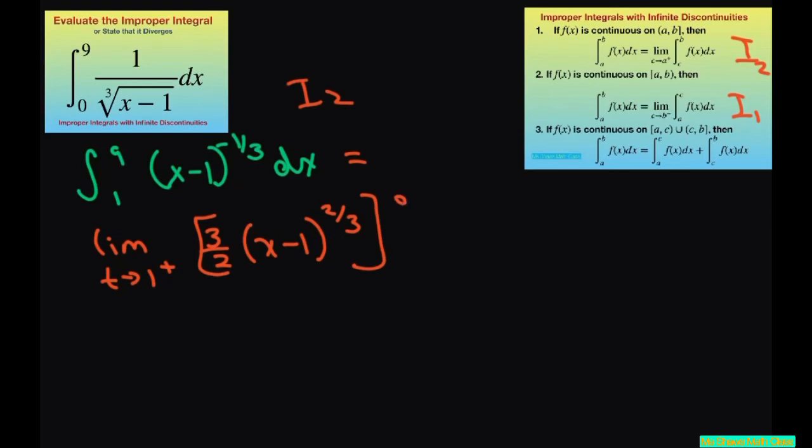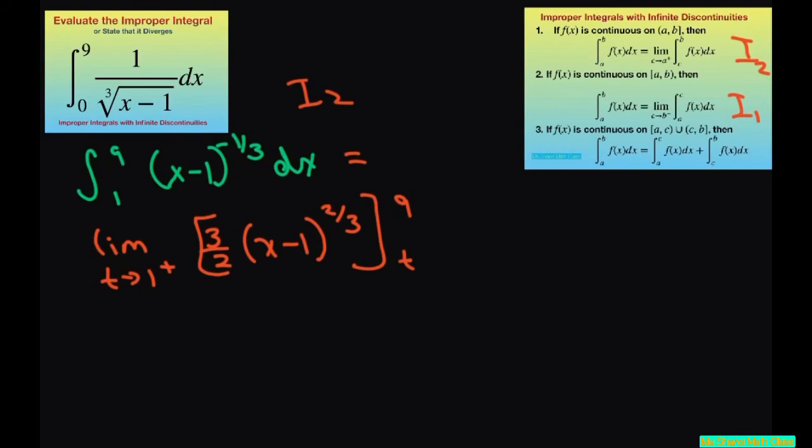We already did integral 1. So we're going to write the limit as t approaches 1 from the right. And then we're going to get 3 halves x minus 1 to the 2/3 power, but this time we're going from t to 9.